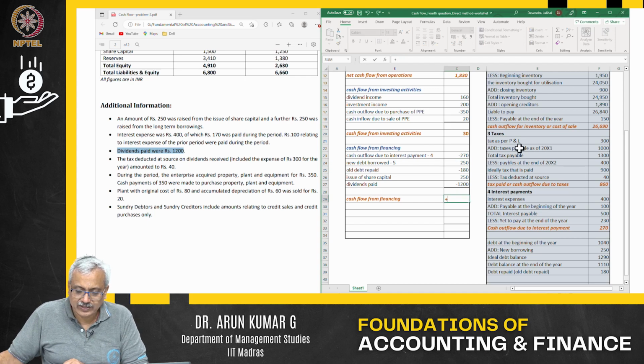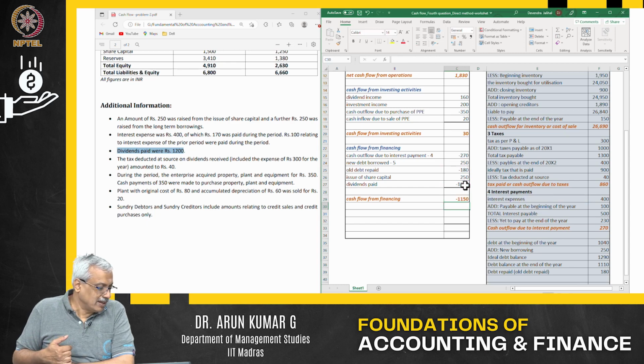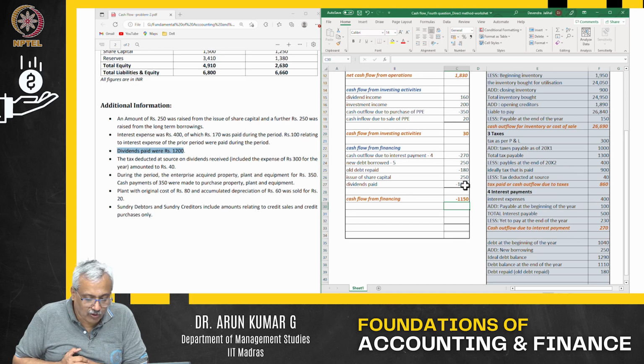So, what is the cash flow from financing? Cash flow from financing will be cash outflow because of interest plus net new debt borrowed plus old debt repaid plus issue of share capital plus dividends. That should give me the cash flow from financing activity.